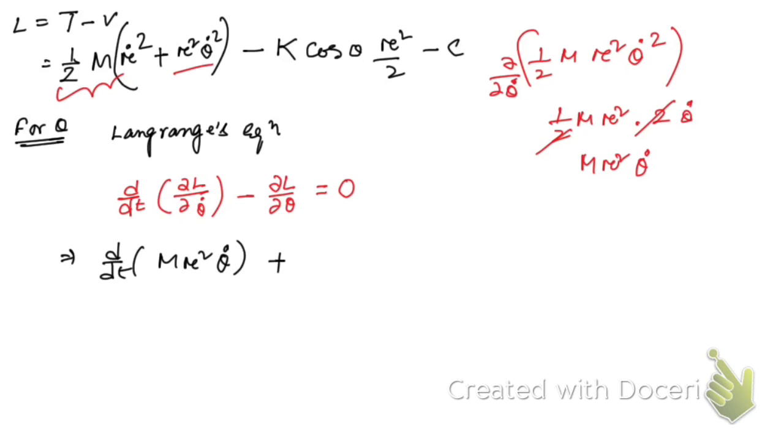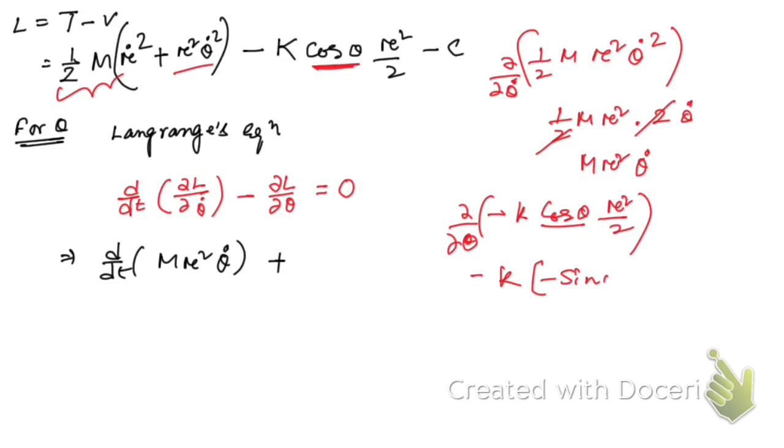Now minus del L by del theta. Here you see, this is the only part which is a function of theta. So the derivative of the other part with respect to theta will be 0, and we're going to get only this part. If you differentiate minus k cos theta r square by 2 with respect to theta, then minus k, the derivative of cos is minus sine, then r square by 2, here minus minus is going to be plus.